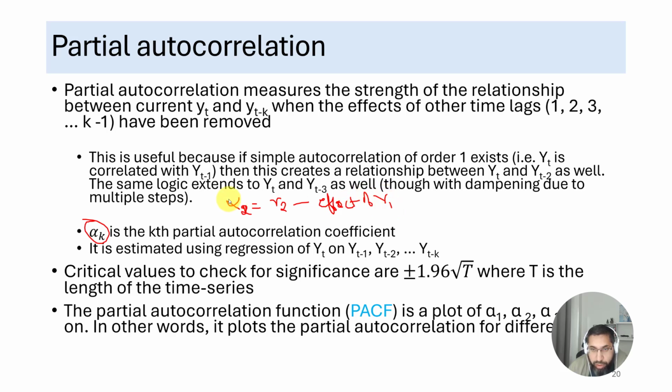So that's going to be alpha 2, the partial autocorrelation at lag 2. So you're going to get the unique relationship between yt minus 2 and yt by partialing out or controlling for the effect of yt minus 1, the intermediate value. Again, it's going to be between plus and minus 1, and the significant values are going to be by the same formula. The partial autocorrelation function is just a plot of alpha 1, alpha 2, alpha 3.